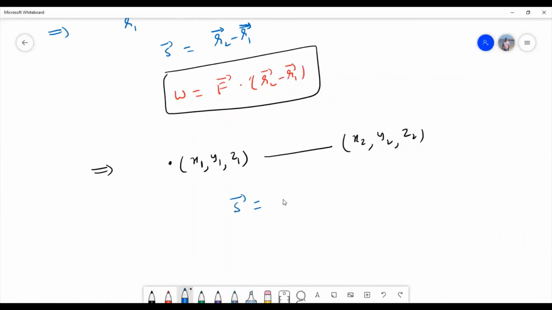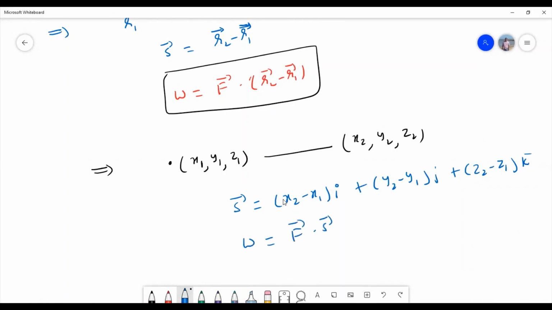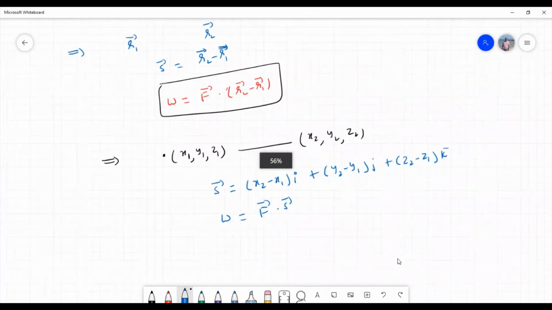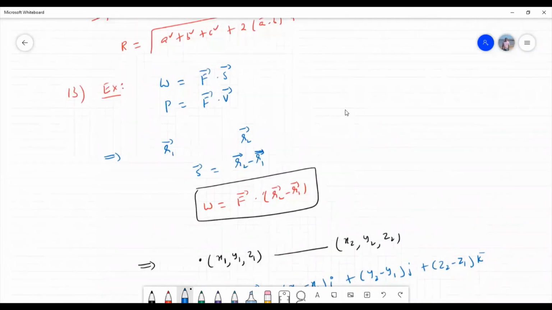So S bar can be written as (x2 minus x1) i cap plus (y2 minus y1) j cap plus (z2 minus z1) k cap. Work done is the same, W is simply F bar dot S bar. These are the three possibilities in which work can be asked.